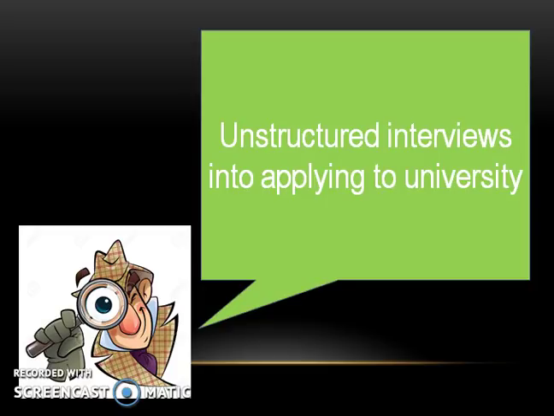Unstructured interviews into applying to university. Well, you could consider comparing students, middle class and working class, different ethnic minorities, and what barriers might they pose. Because these might have characteristics that might make an unstructured interview really difficult to find out whether or not they're applying to university.